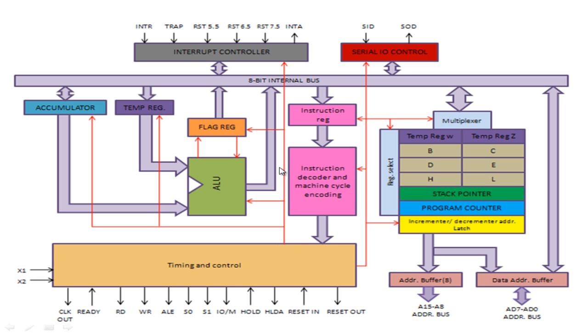In the red line, this one is the control bus, and we have to know that since the 8085 is a digital system, all the blocks like the interrupt controller, serial input output controller, flag register, ALU, temporary register, accumulator and all must be connected to timing and control.